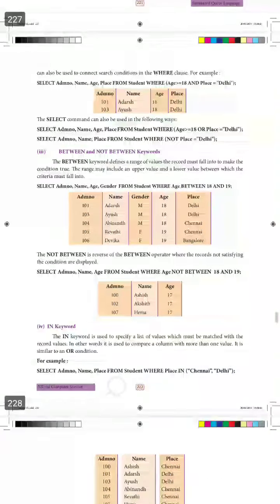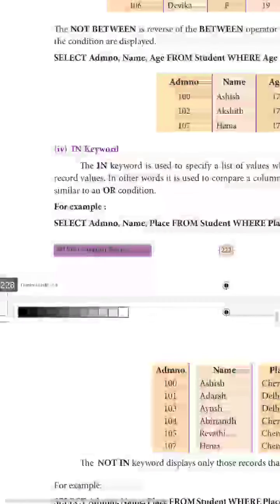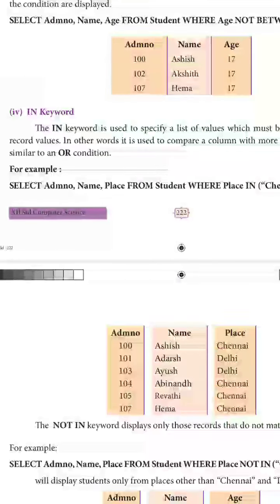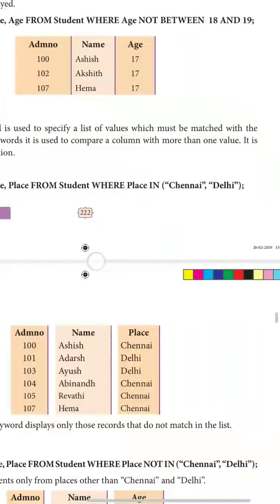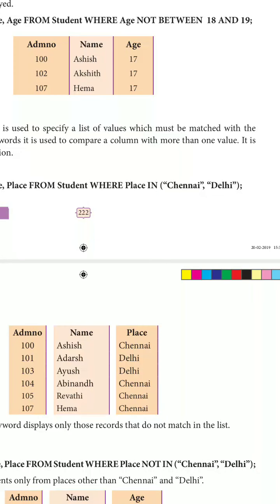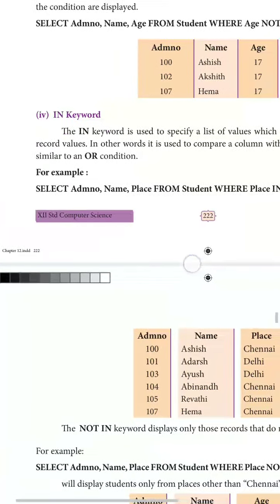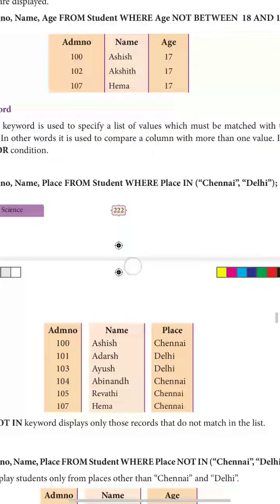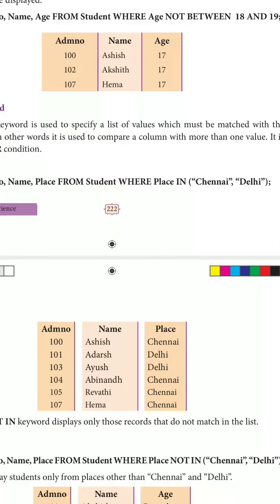So next is the in keyword, which is used to specify the list of values that must be matched with the record value. It will display only the exact match of the values given inside, where place in Chennai or Delhi.